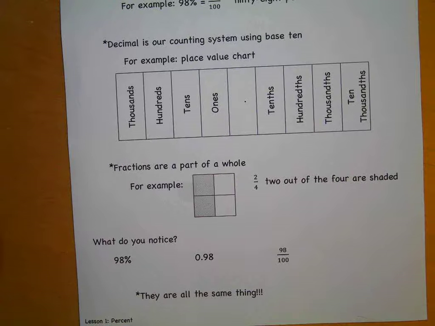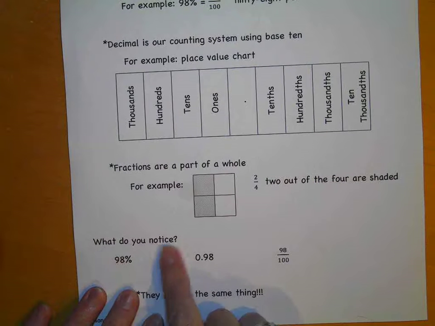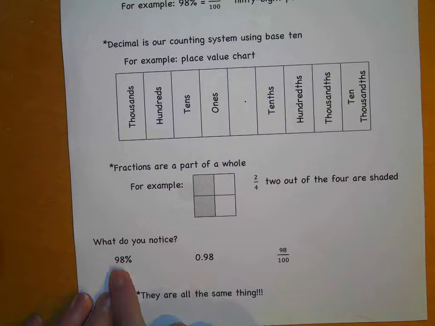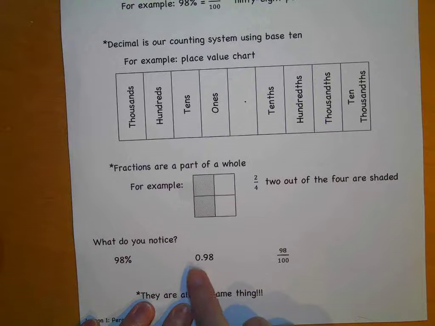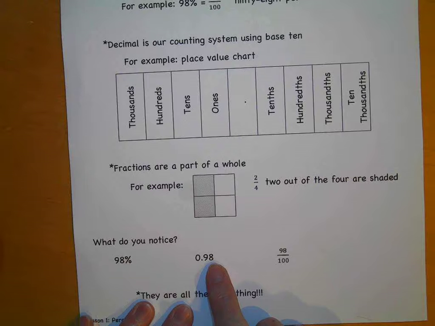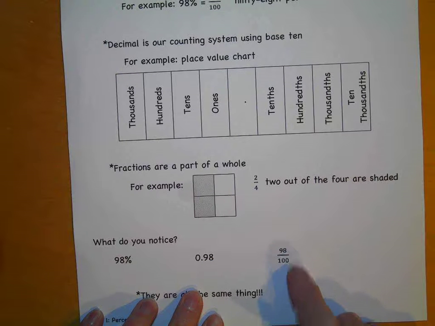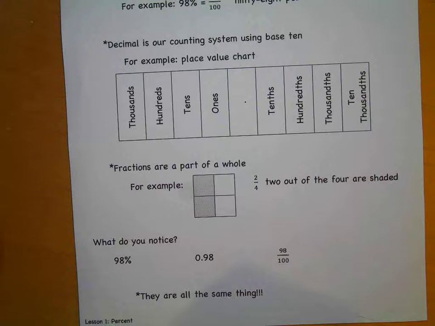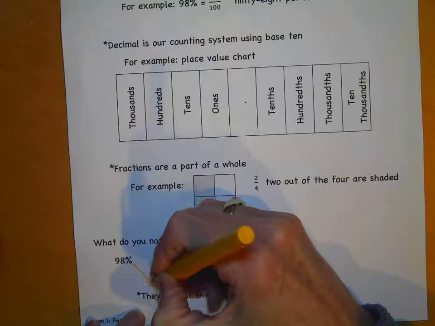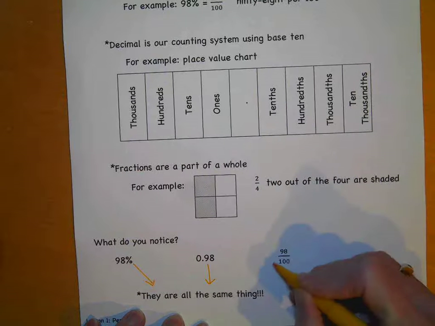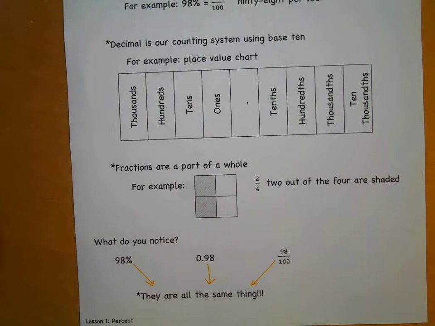So we know what percent means, we know what decimal means, and we know what fraction means. Okay? So I want you to go down to this, and take a look, and it says, what do you notice? This says 98%. This says 0 and 98 hundredths, and this says 98 hundredths. If you're noticing something, then you are noticing that they are all exactly the same thing, because they're talking about parts of 100.